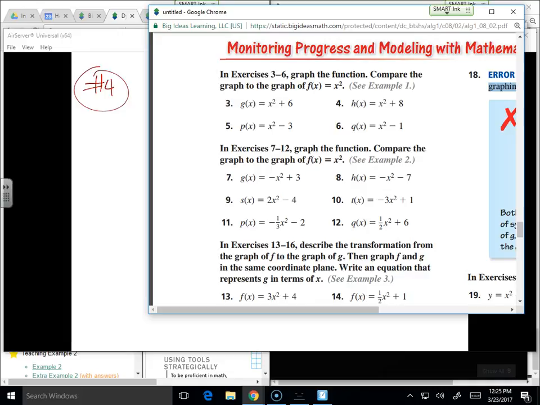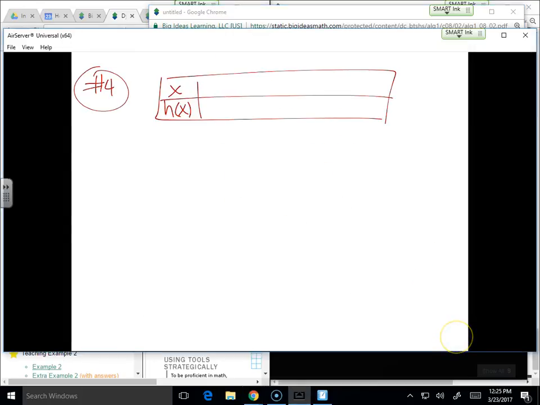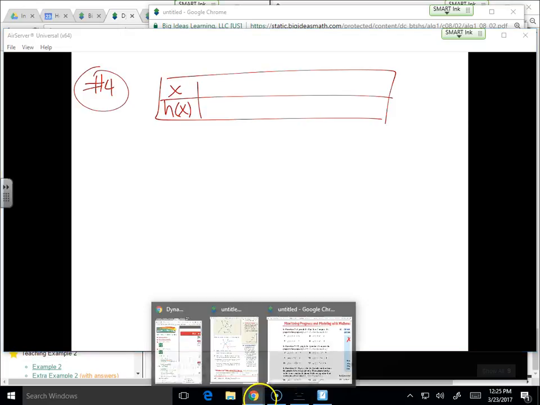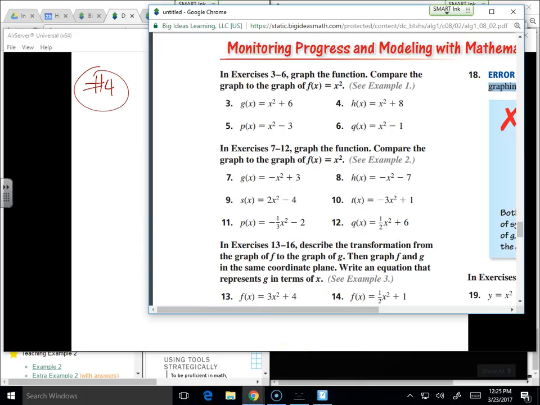And with our table, shouldn't we have gone ahead and had our x and h of x? In number 4, what values do you think I should have put in that table? We could put -1 or -2. There's no fractions, we could just do -2, -1, 0, 1, 2 and plug it in, right?